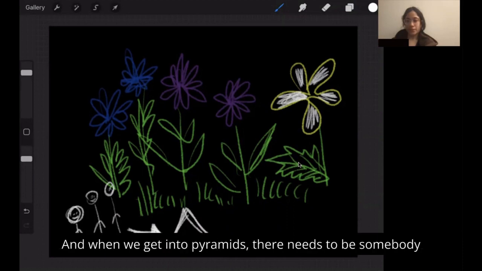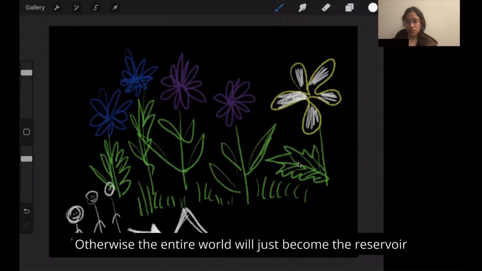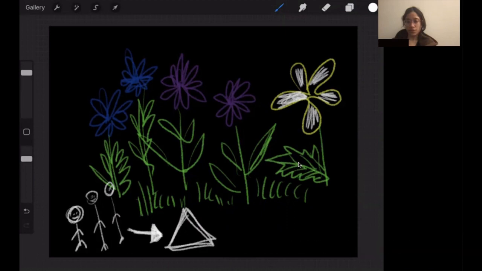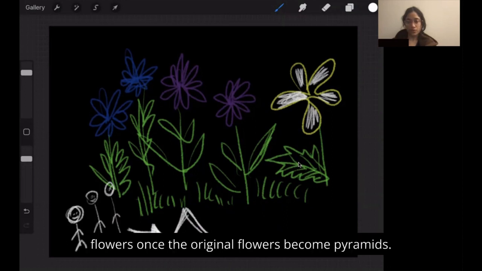And when we get into pyramids, there needs to be somebody who replaces us. Otherwise, the entire world will just become a reservoir of pyramids, and that's unsustainable. Similarly, gardens also have mechanisms of having new flowers once the original flowers become pyramids.